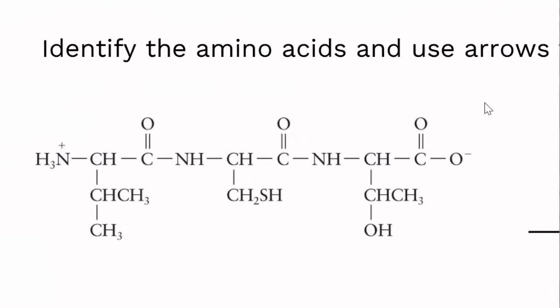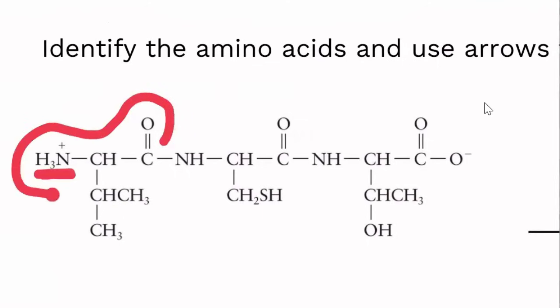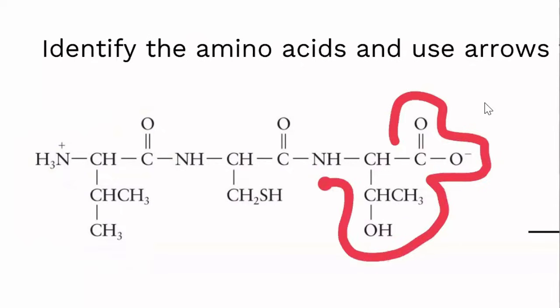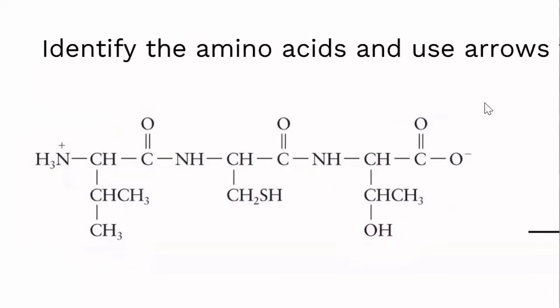In this primary sequence for this peptide, this is the N terminus of your peptide, because this area represents the first amino acid. And all the way to the left of my peptide, I have the C terminus, and in the C terminus I have another amino acid.